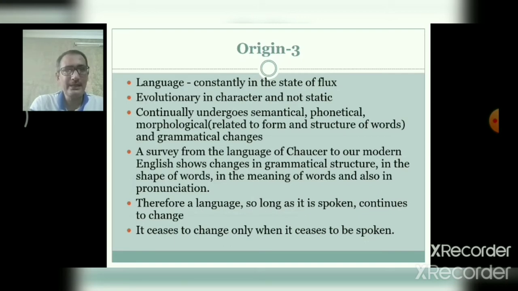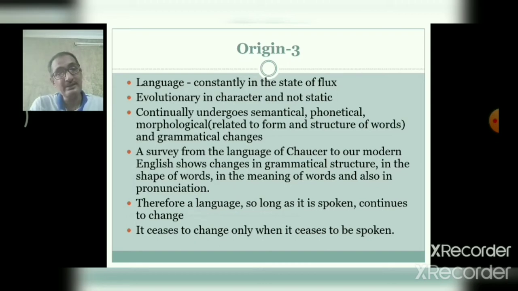Therefore, a language, so long as it is spoken, continues to change. And how long will it continue to be spoken? Till the time the community continues to use that language. So language cannot cease to be spoken till a community is surviving.